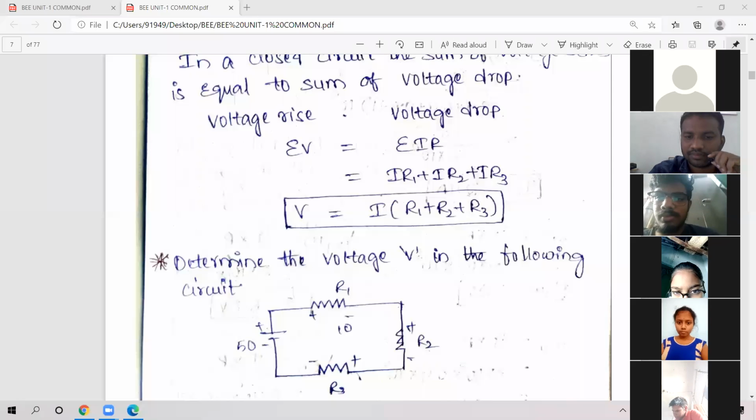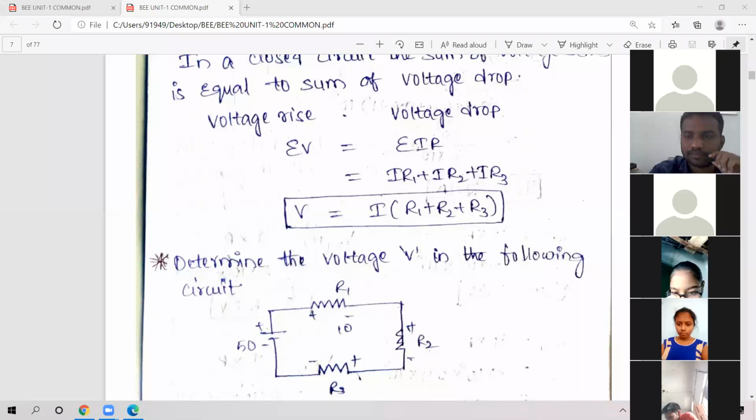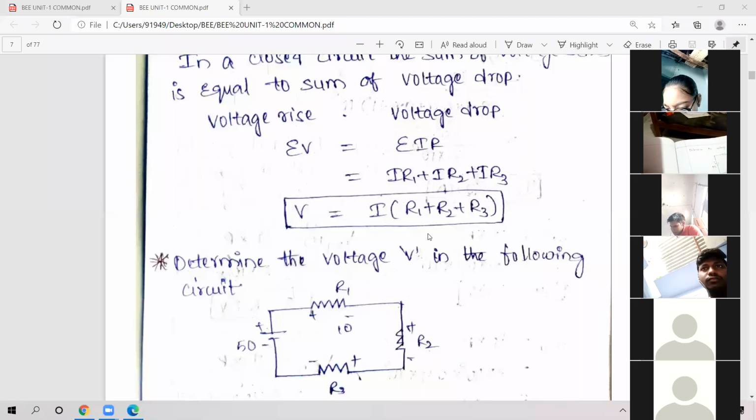Wait, sir, we are doing KVL. At R3, the voltage is 20.